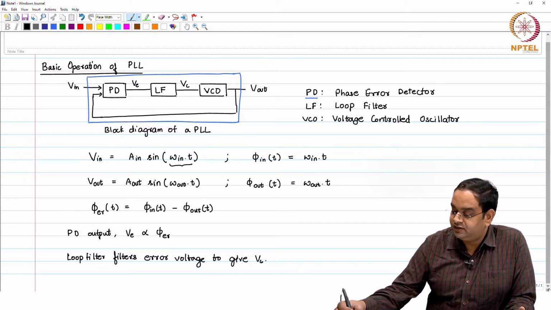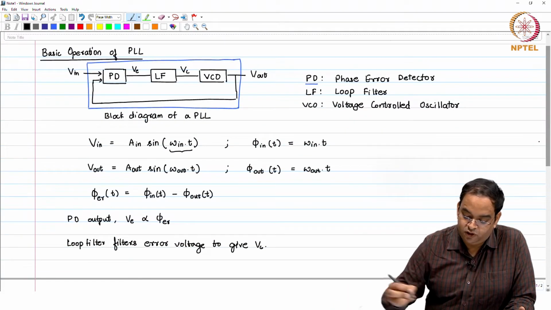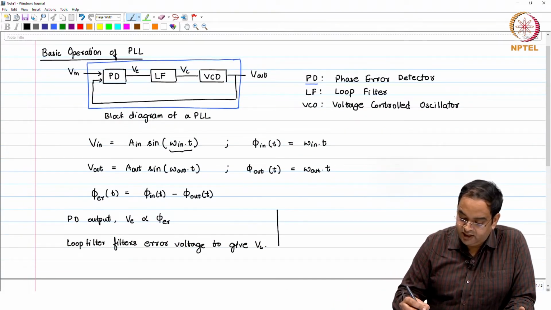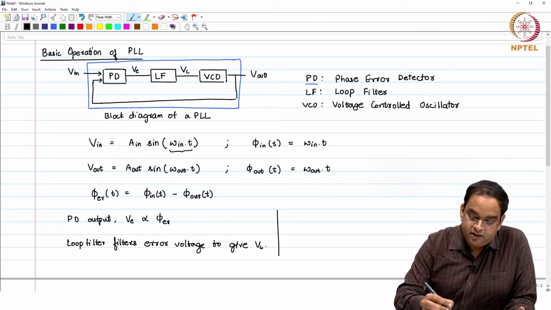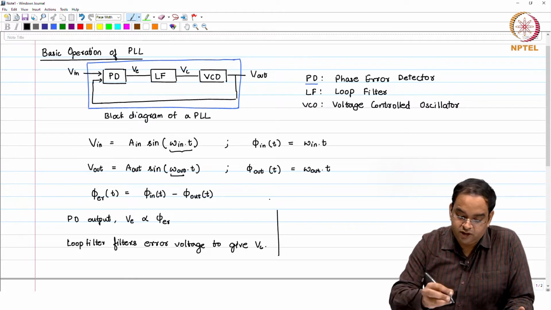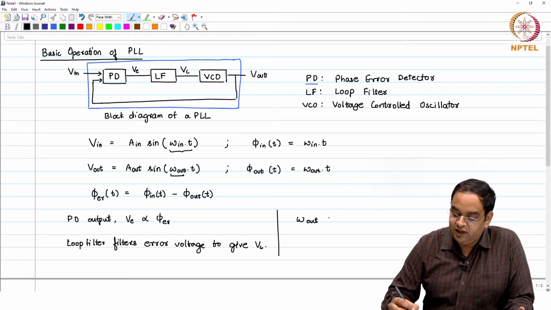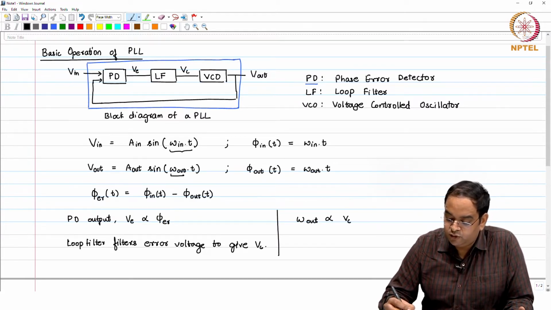So, what does the voltage controlled oscillator do? The output frequency omega out of the voltage controlled oscillator is proportional to the control voltage.